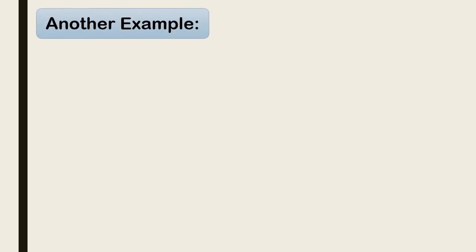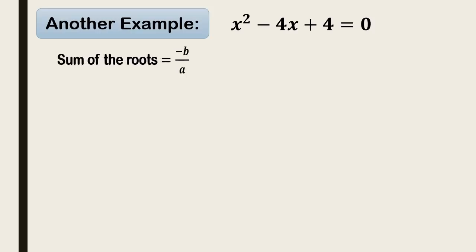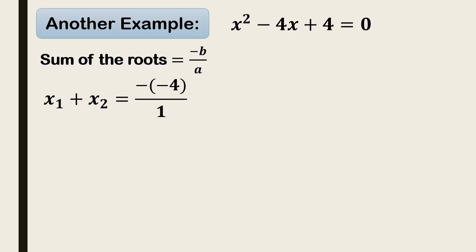Another example. x squared minus 4x plus 4 equals 0. Now, let's find the sum of the roots of the quadratic equation. So, let's substitute the value for b and a. So, x sub 1 plus x sub 2 equals, copy the negative sign, and substitute the value for b.